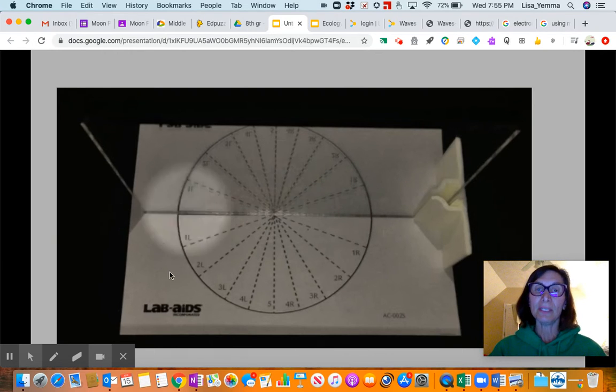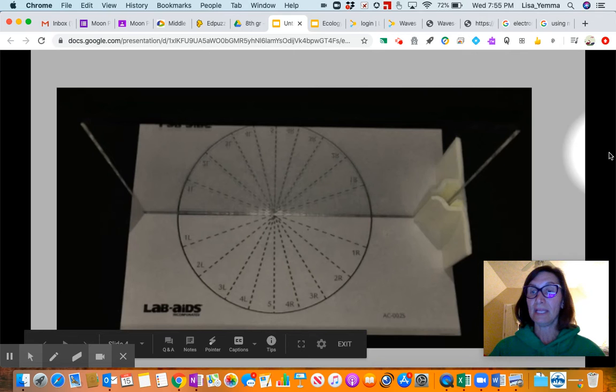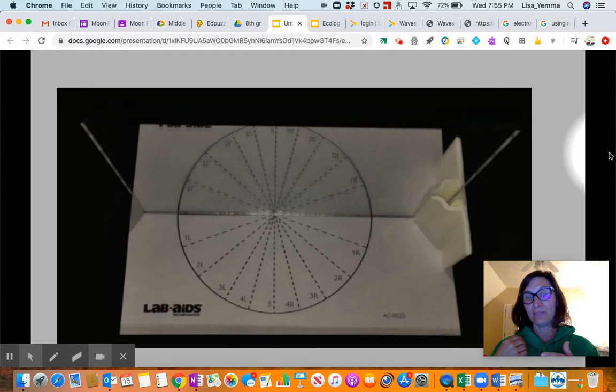So in this image, we are wondering what happens if we shine a light with a laser, a pinpoint light. The flashlight light is a little bit too wide. If you have a narrow laser light, this is fun to experiment with as well.